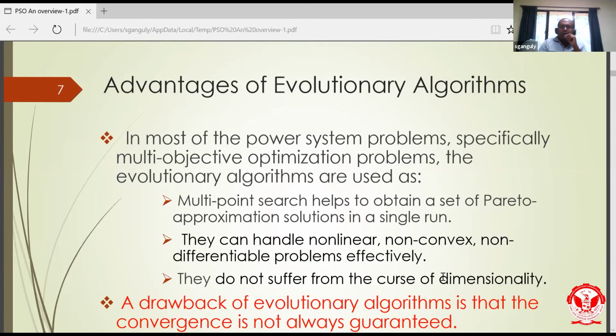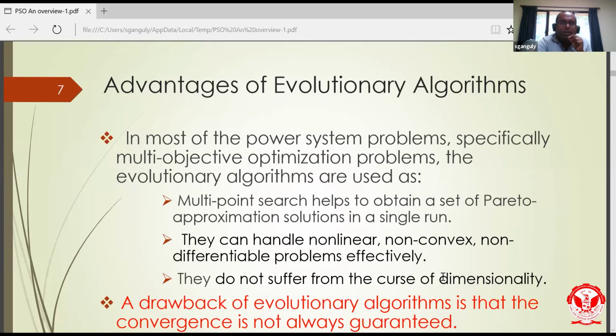They also do not suffer from the curse of dimensionality. Now, what is the curse of dimensionality? It means that if your number of optimization variables increases, the problem becomes more complex.